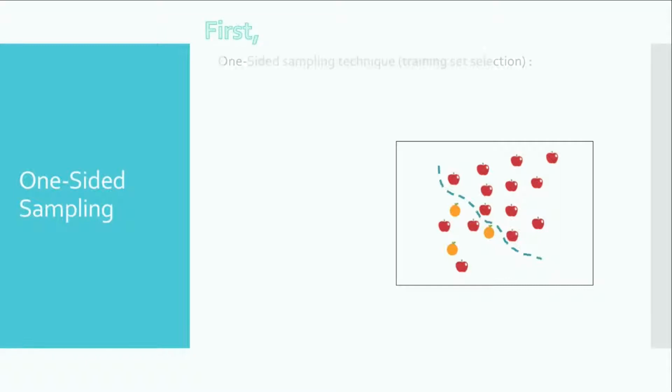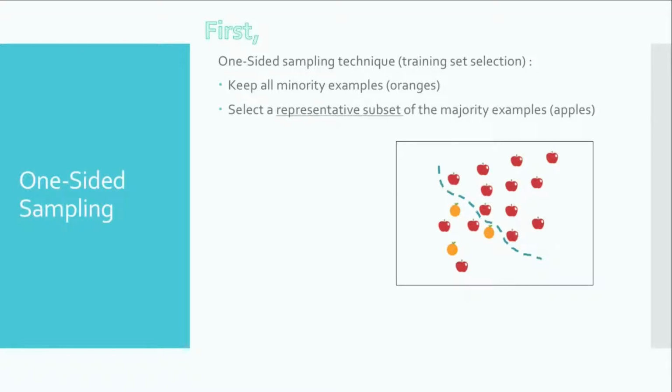First, one-sided sampling is a technique used to select what examples should go in the training set. The main concept is to keep all minority examples, oranges in our example, even under the danger that some of them are noisy. They are too rare to be wasted. On the other hand, we will only select a representative subset of the majority examples, which are apples in this example.